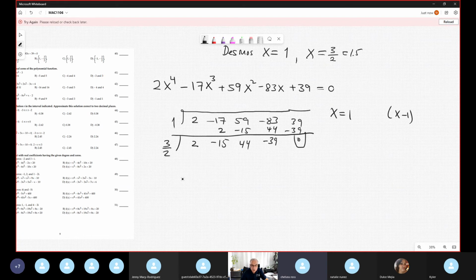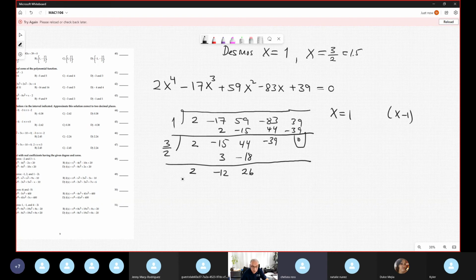Let me try 3 half. No big deal. Don't be scared with a fraction. And when the leading coefficient is the same as the denominator, super easy. Bring down 2, multiplication by 3. And this is minus 12. The multiplication here is 12 divided by 2 is 6. 6 times 2 is 12, minus 12. 44 minus 18 is 26 positive.